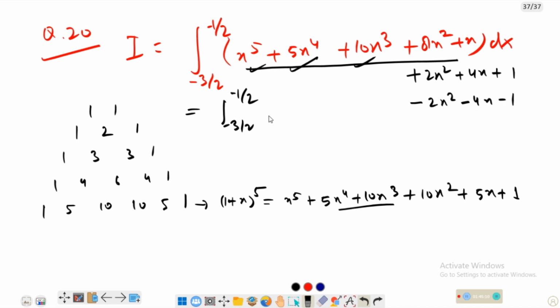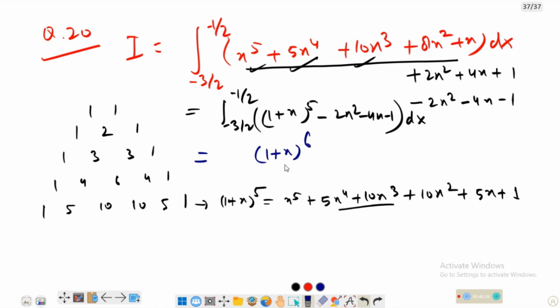So this is (1 + x)^5 minus 2x^2 minus 4x minus 1, dx. This is equal to (1 + x)^6/6 minus 2x^3/3 minus 4x^2/2 minus x, from minus 3/2 to minus 1/2.